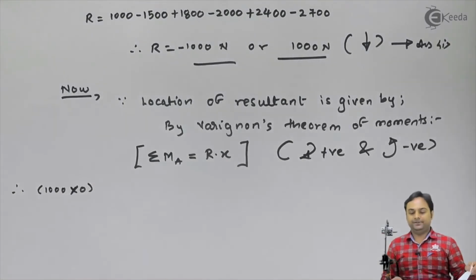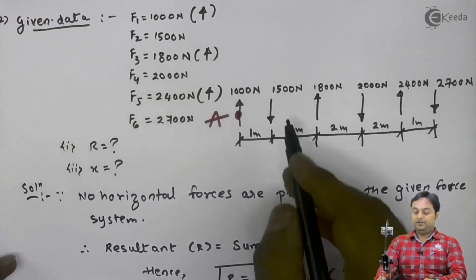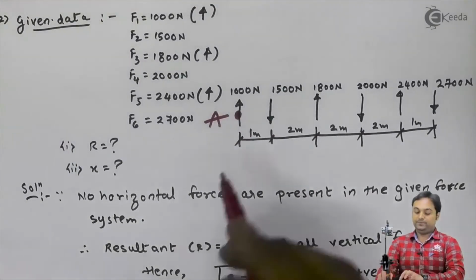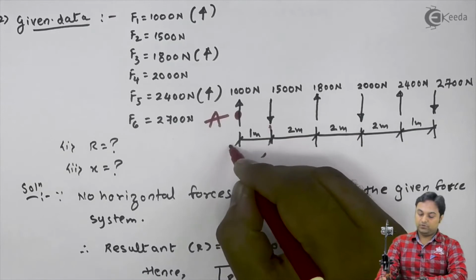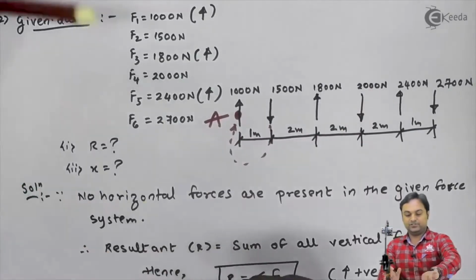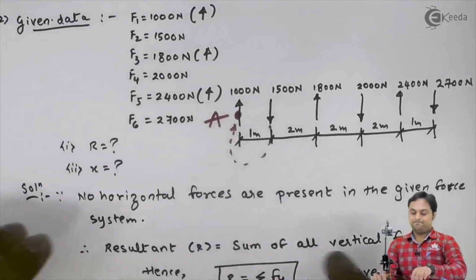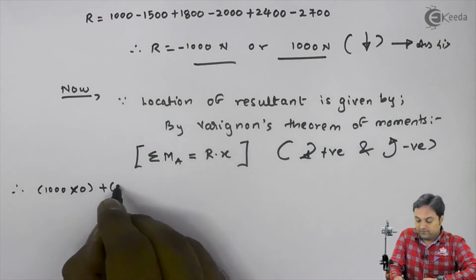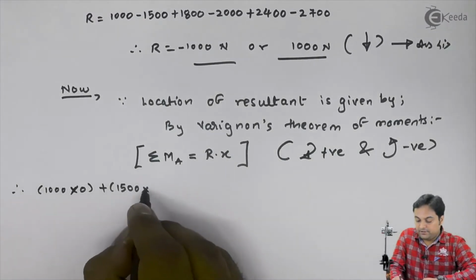It gets eliminated. Then 1500 Newton, the moment produced by 1500 Newton will be in clockwise direction at point A. So it is plus 1500 into distance, which is 1.